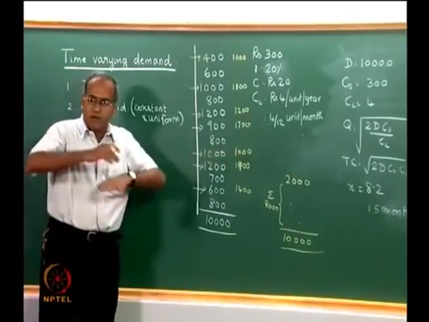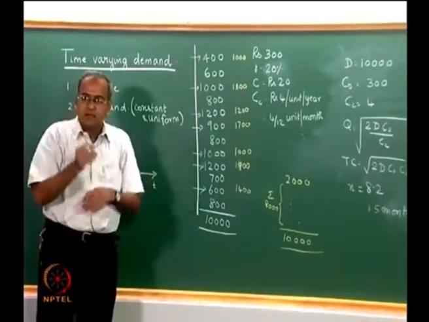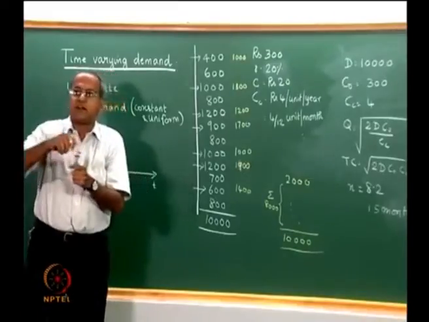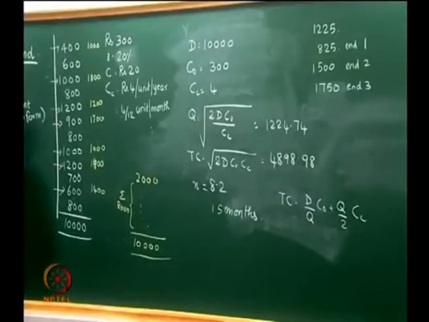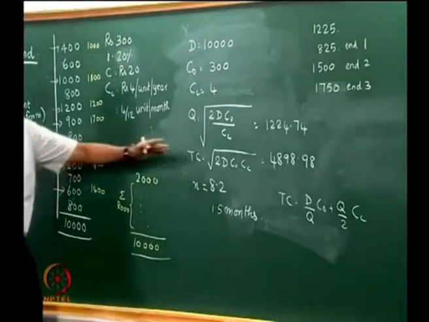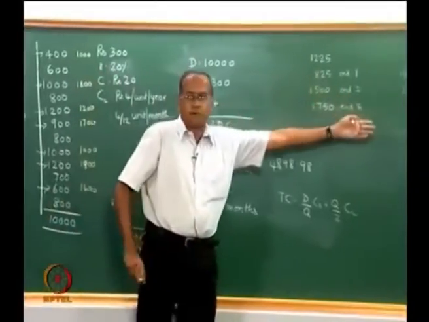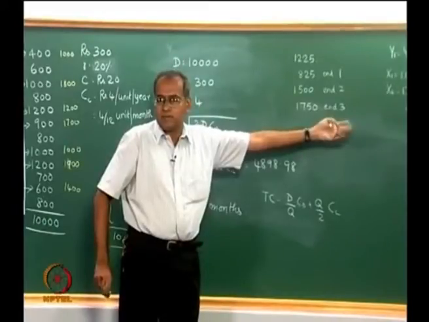But if one of the demands shows a peak, then implementing a modification of the economic order quantity would lead us to shortage. Therefore this approach is not recommended, while this approach is recommended.